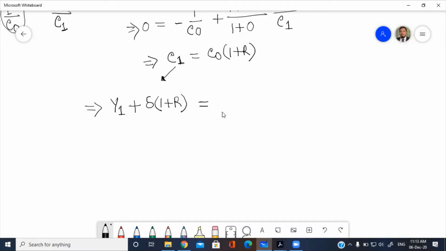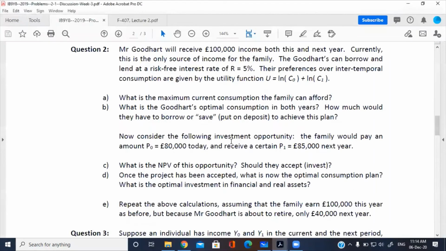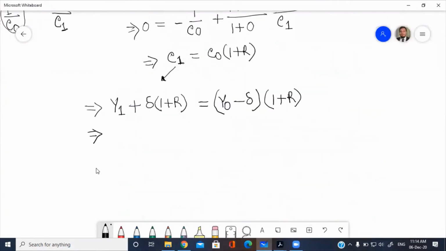Now, can you recall what we got for C naught in terms of income and savings? 1 plus R. Now, don't forget the question. We are right now in question B. We are trying to find out the optimal consumption, the optimal borrowing or savings, in terms of the information given in the question.